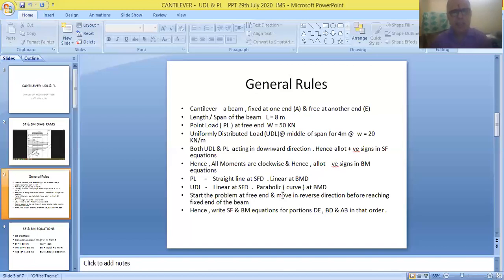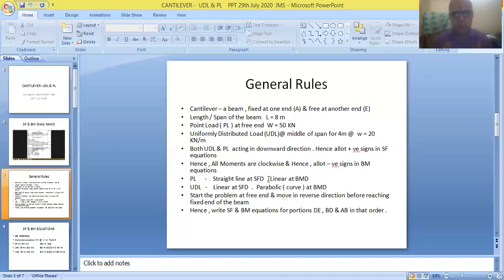Secondly, coming to bending moments, if a load is acting in downward direction, the beam will have a tendency to move in a clockwise direction. So always a negative sign must be allotted for clockwise movements while writing bending moment equations.